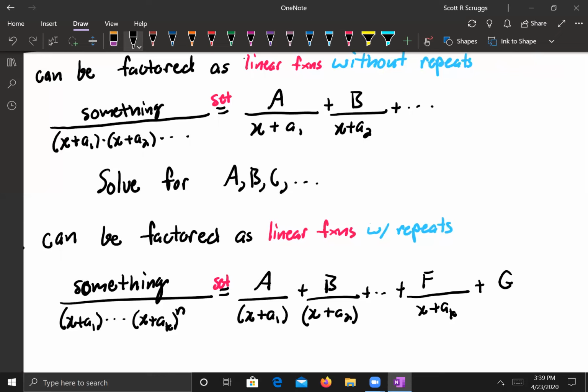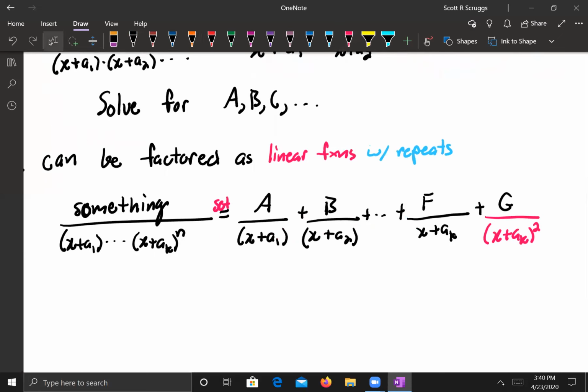I essentially am going to treat the second power, the third power, and all of those powers up to the nth power as their own separate denominator. So my next denominator in this scenario will be x plus a_k squared.